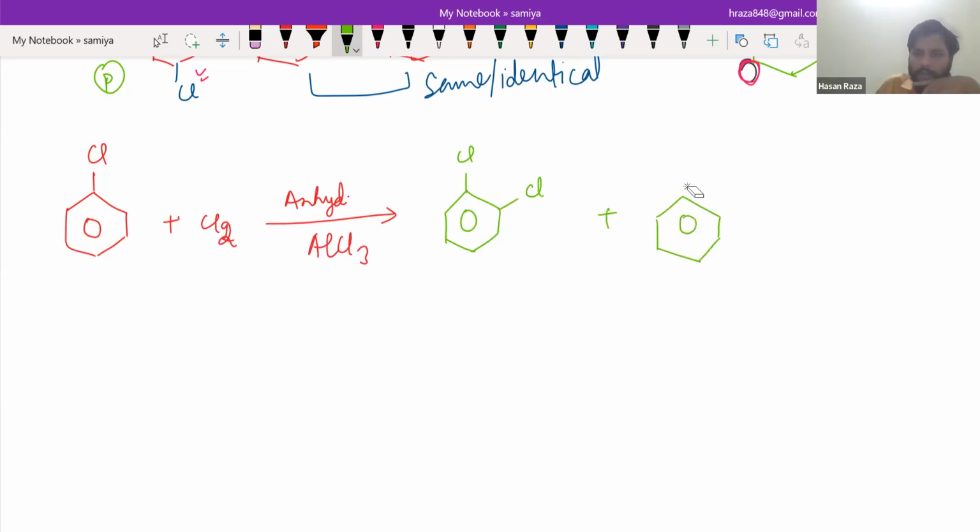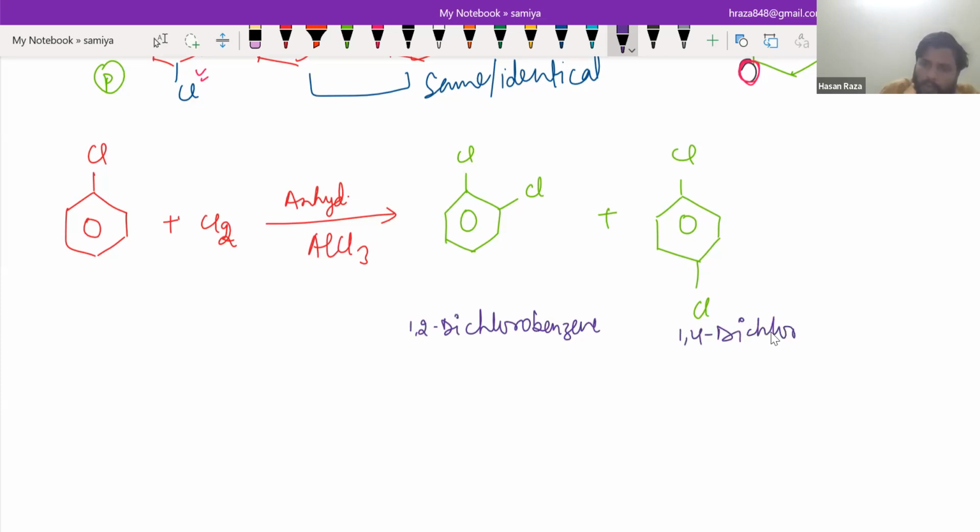Can you tell me which one of these is major and which is minor? So it will have the name 1,2-dichlorobenzene. Are you taking 1,2-dichlorobenzene? And this is 1,4-dichlorobenzene. So do you have any idea which of the two is major or minor?